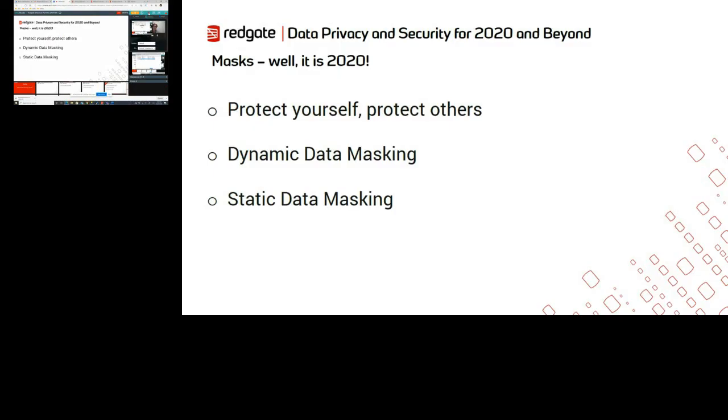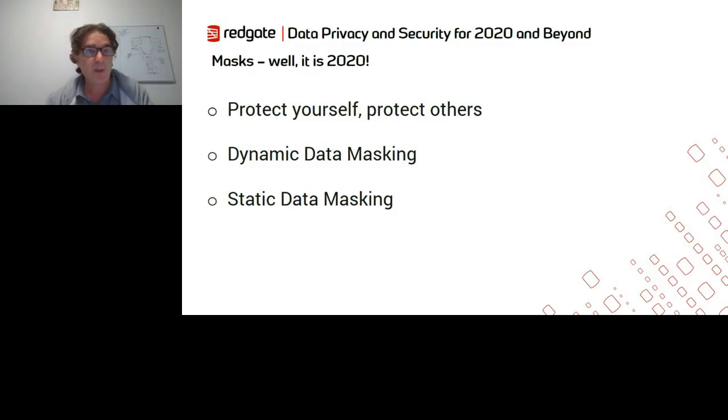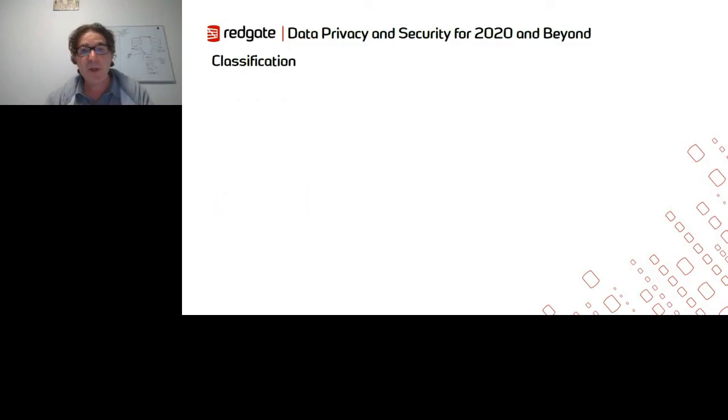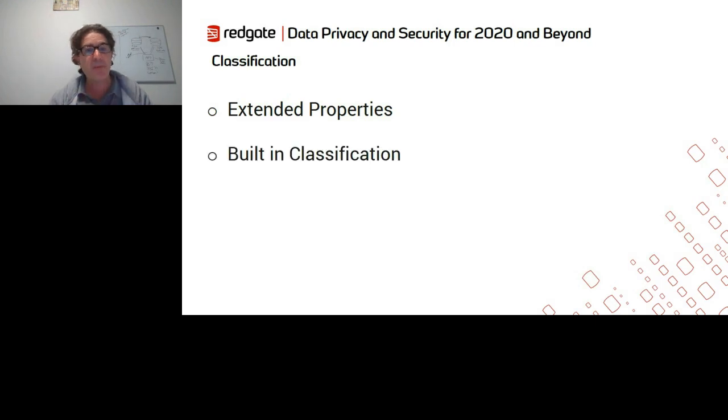Right, so now we're back to the slides. For the last 20 minutes, we talked about classification, and as well as doing classification, we talked about tags as well. As we create columns and tables, but mostly columns, we might want to tag that column as being sensitive, or to give people more information about that column.